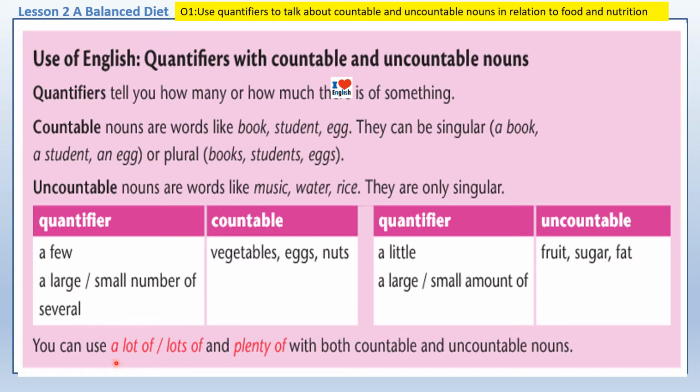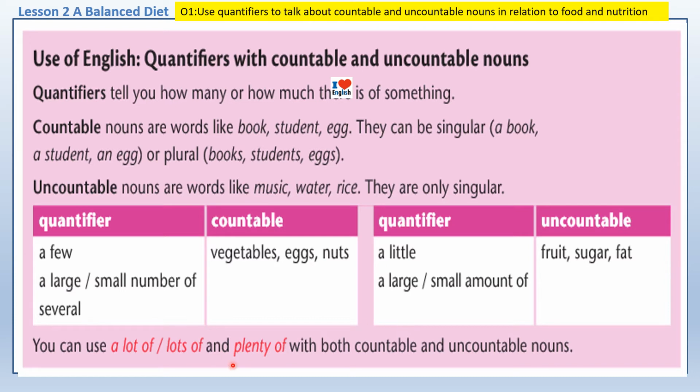And also we have a group of quantifiers that can be used with both countable and uncountable nouns: a lot of, lots of, plenty of. We can say a lot of vegetables. Also we can say a lot of fruit. Both of them are right.